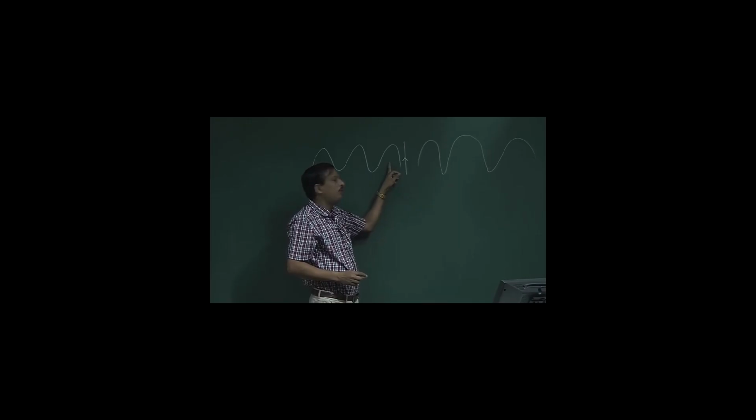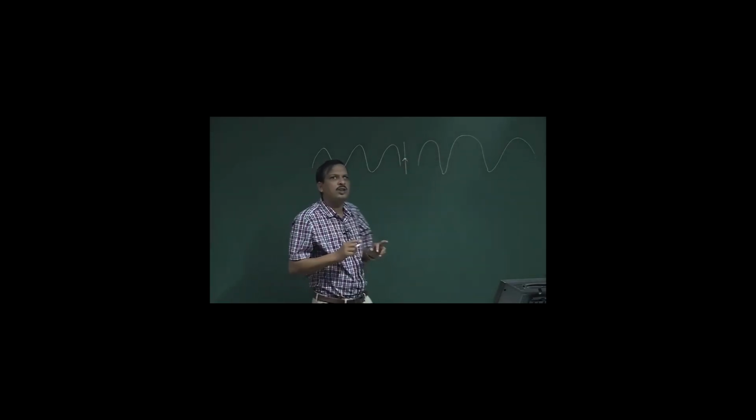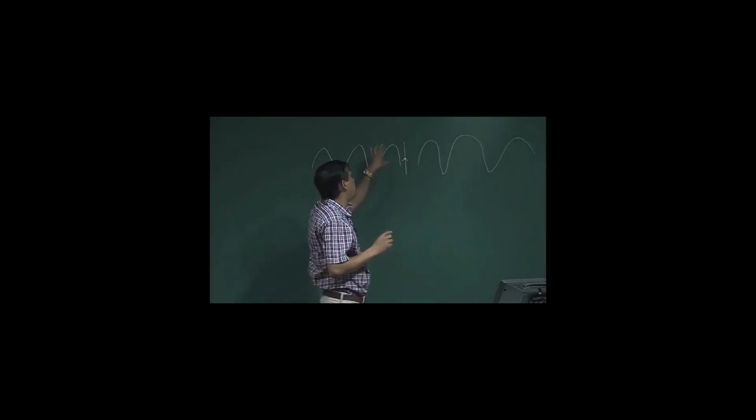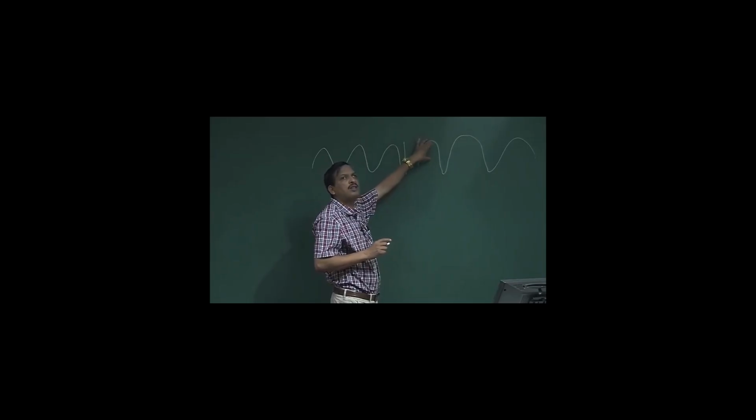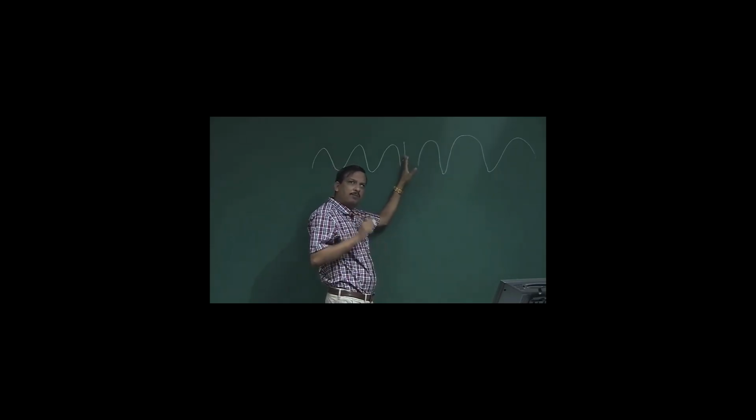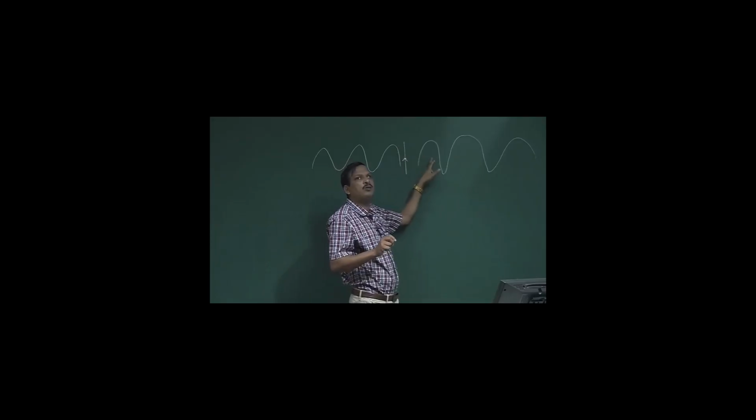This interference supports the superposition principle, which means that at the point of interference, the particle displacement due to both waves is the arithmetic sum of the displacement due to the first wave and the displacement due to the second wave.